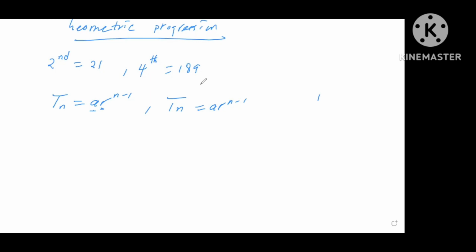From the second term, we have 21, meaning Tn is equal to 21, for n is equal to 2 in the first place. Then for this other one, n is equal to 4.